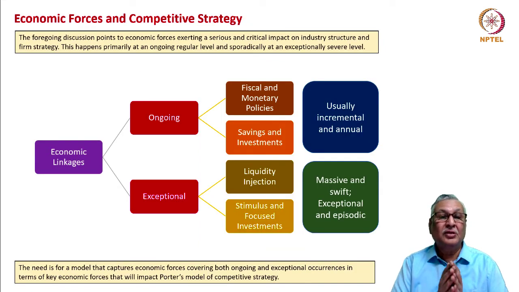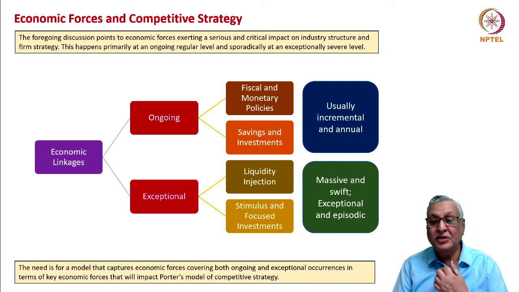So when we look at the economic forces, we can easily understand that there is connectivity with an impact on competitive strategy. Economic linkages are of two types: ongoing economic linkages and exceptional economic linkages. Ongoing ones are the regular fiscal and monetary policies, savings and instruments. These are incremental and annual in terms of their variations.